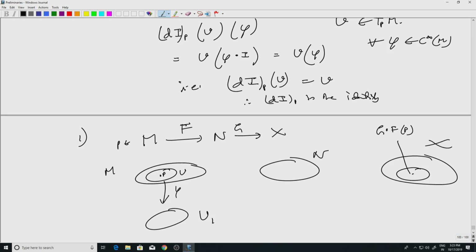And let's say this is W and the map is alpha, to W1. So I'll just start with some charts here.